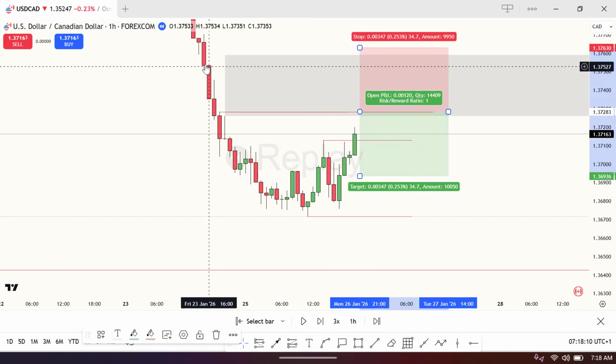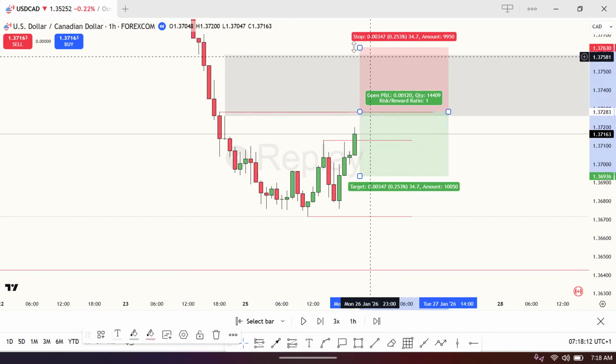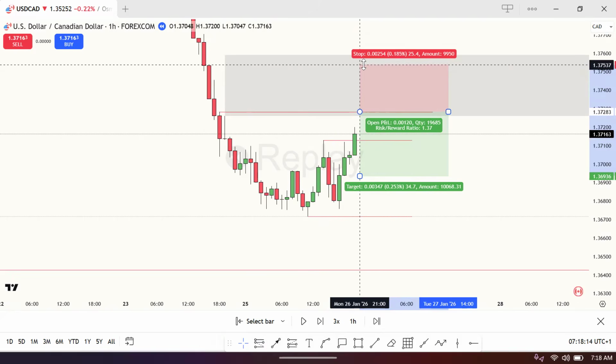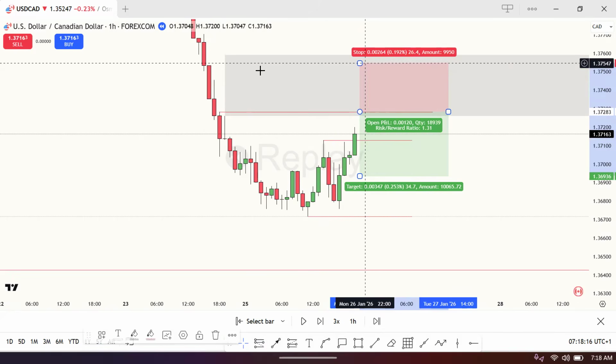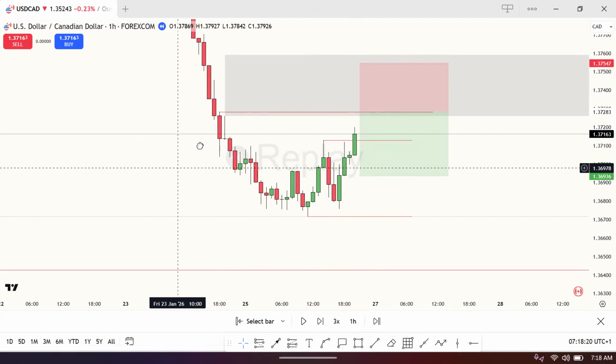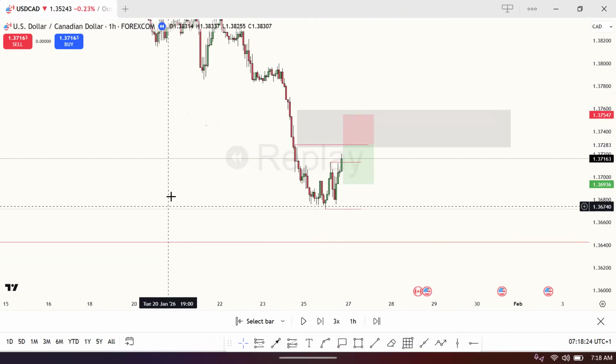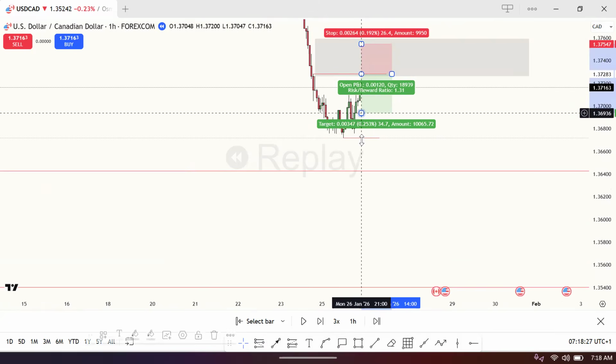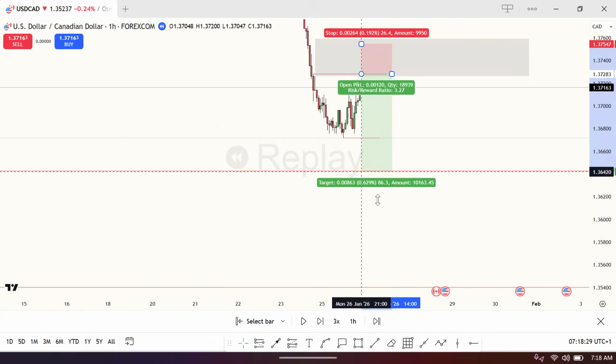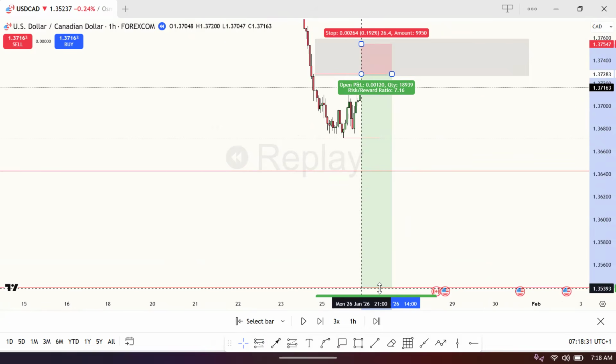And my stop loss was above this one here. Initially, my stop loss was above this candle's high. And final target was here.